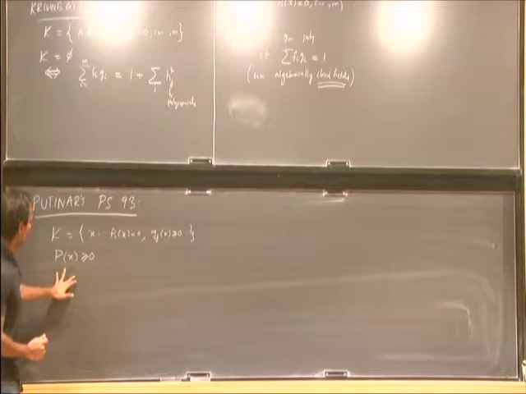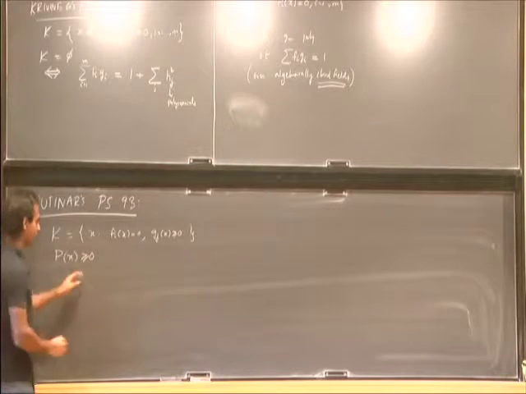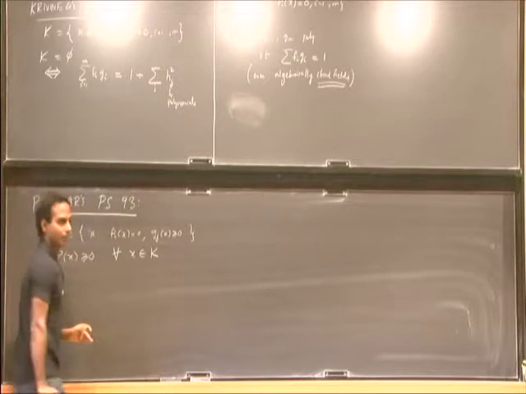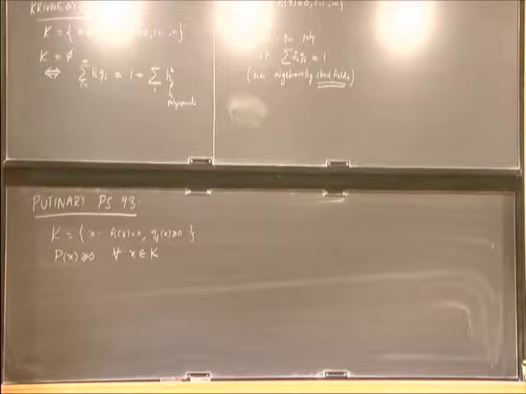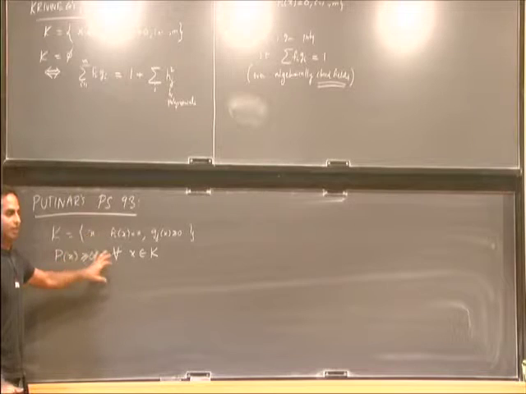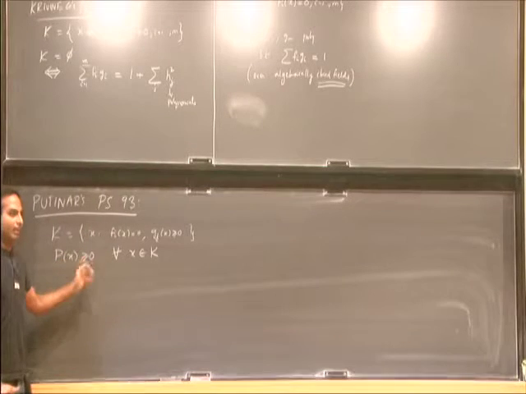Let's say I want to say that p of x is greater than or equal to 0 for every x belonging to K. It's almost the same, except that the formulation will have some conditions on K which make it nicer. You won't have any conditions on p.